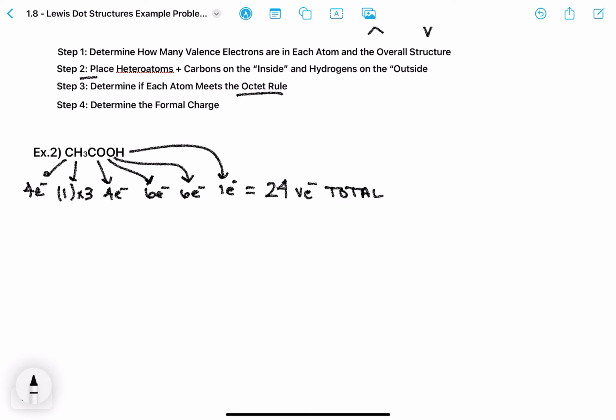Let's take a look here, and we're going to start putting things on the inside. I'll put that first carbon, which is a heteroatom or carbon, on the inside. There's that second carbon, and that's going to go on the inside. I'm going to put my oxygens on the inside.